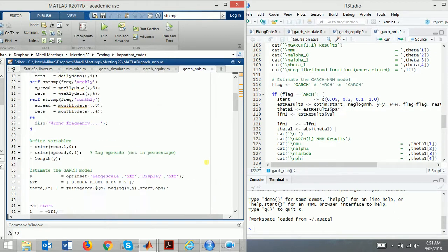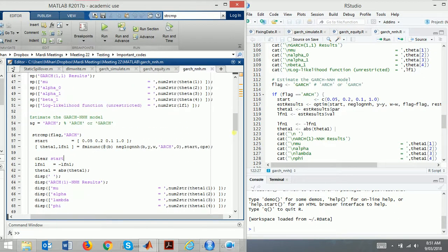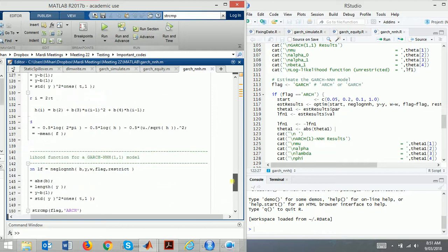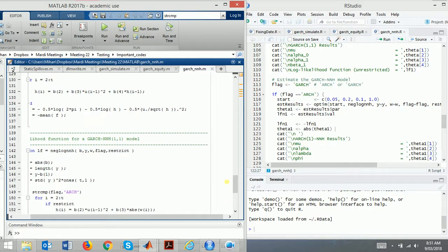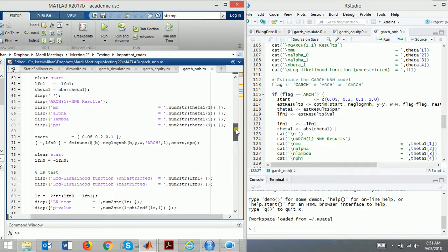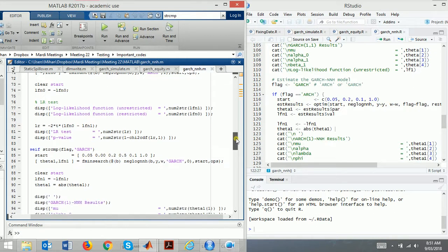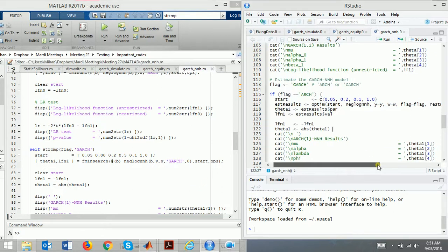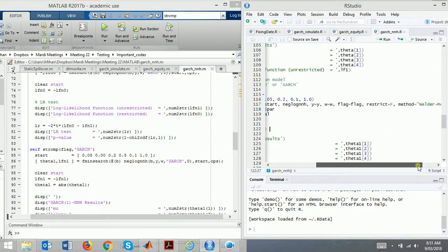And so if string comparison flag is arch, then we call the function with y, omega, arch 0. What was the function actually? How many parameters do we pass? Y, omega, flag, restrict. Because there are flags y omega flag 0 start and ops, fine. So y omega flag, restrict is F, y omega flag equals flag.